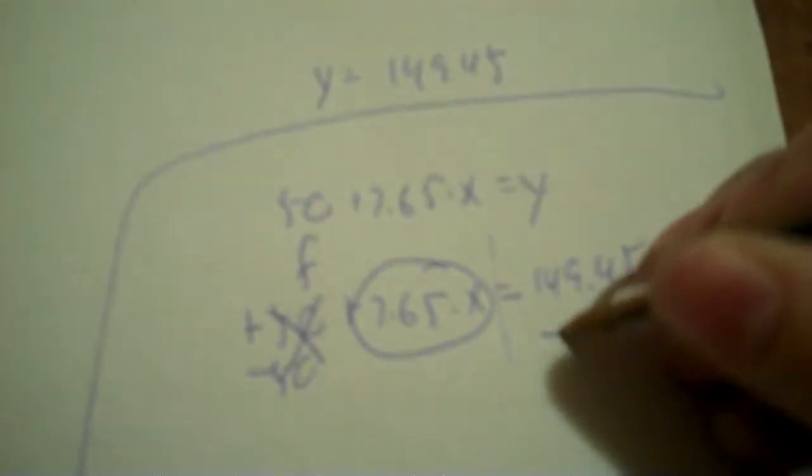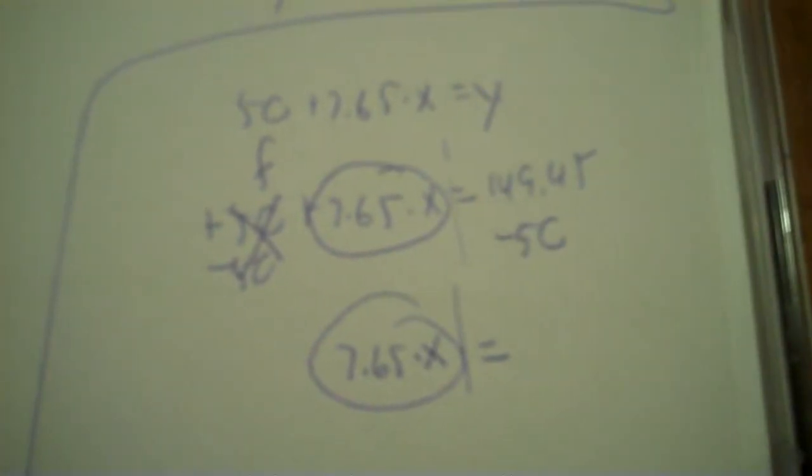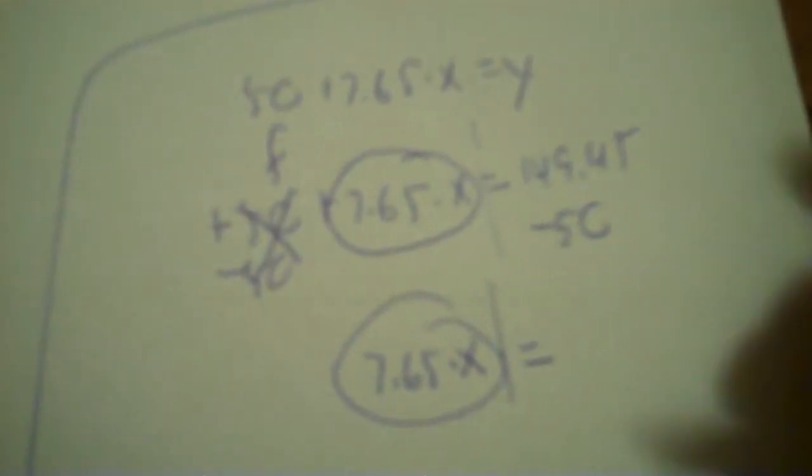Over here, you have plus and times, highlight the times. You have to take that number out first. So you're going to minus 50, minus 50. Let me take 149.65 minus 50. Okay, 99.65.